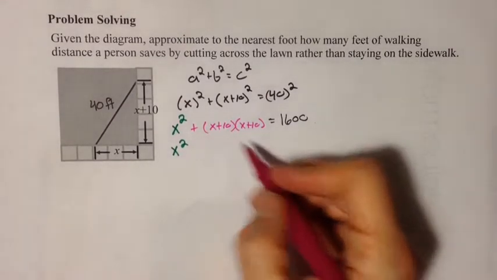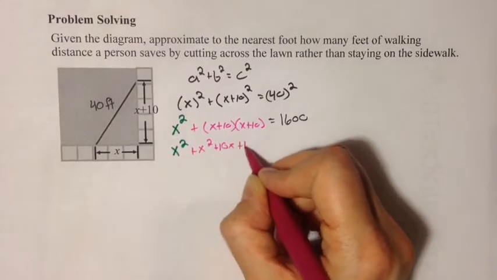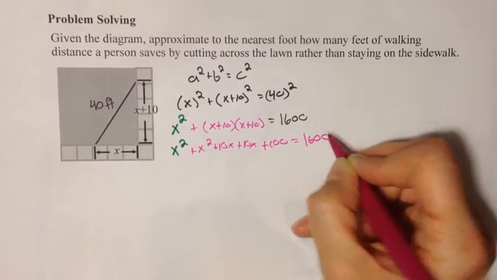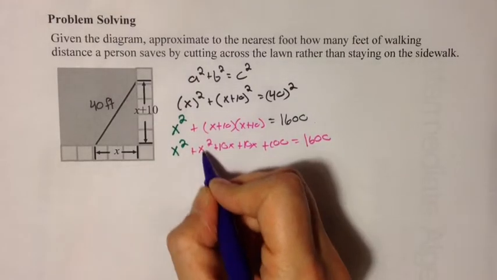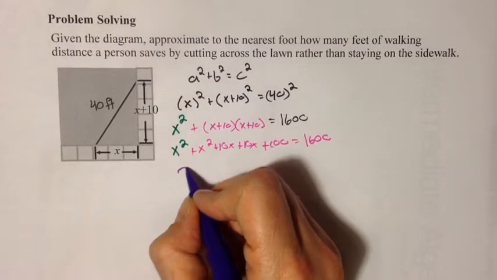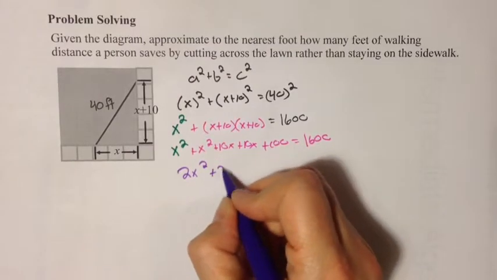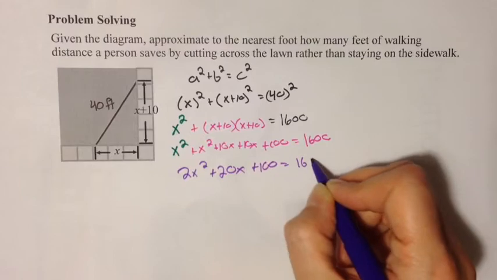When I FOIL this out, I'll get x squared plus 10x plus another 10x plus 100 equals 1600. Now I'll work on combining some like terms. I have 2x squareds on this side, so 2x squared. I have 10x plus 10x, so 20x plus 100 equals 1600.